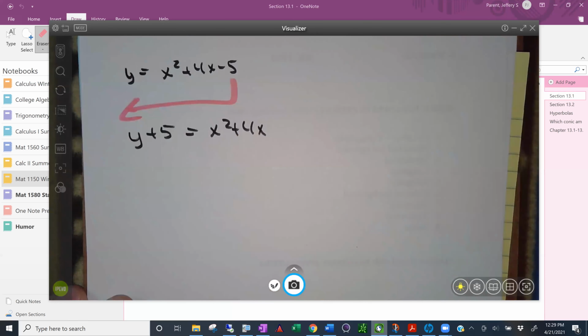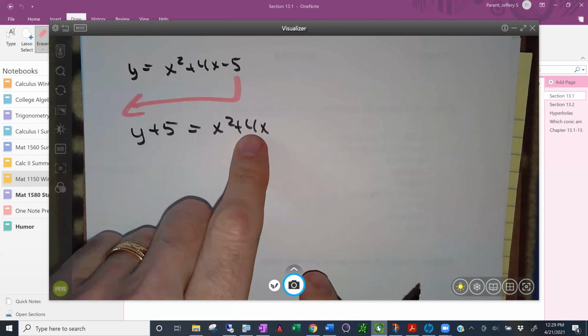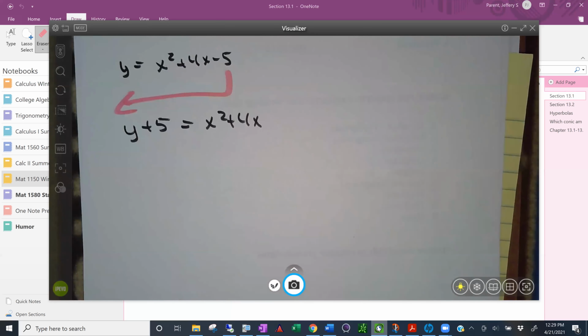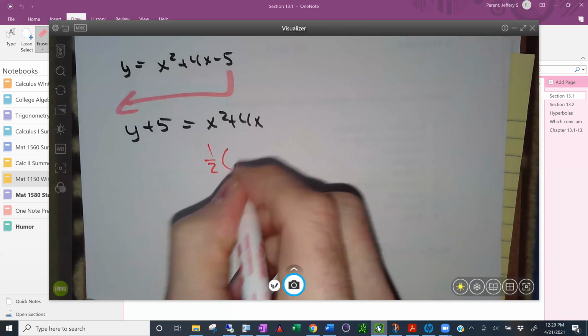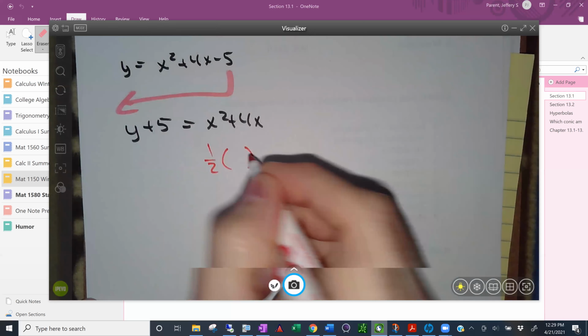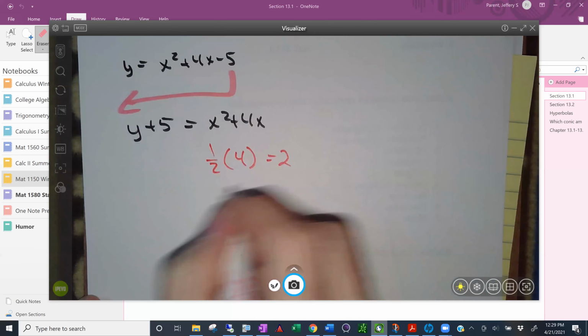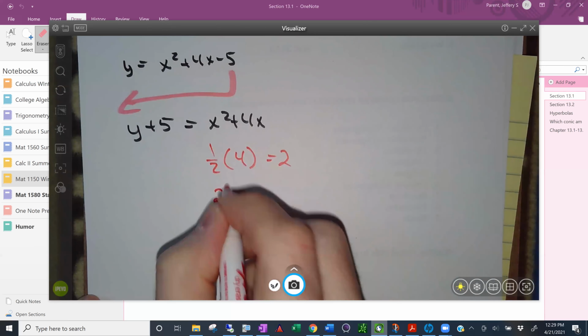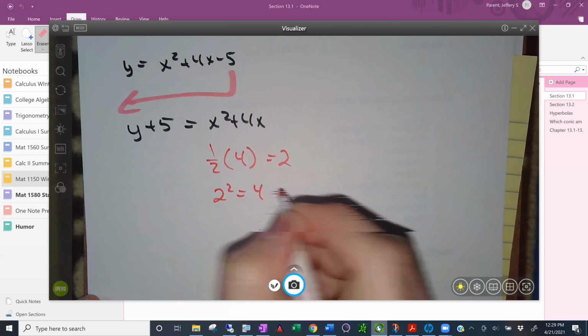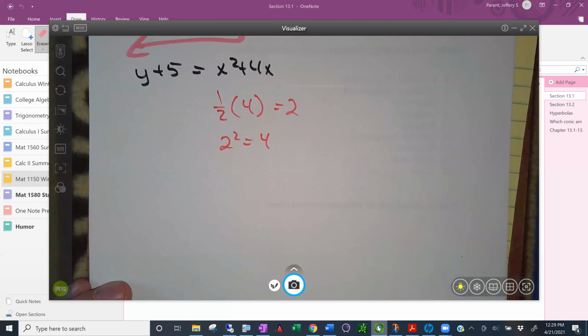And now I want to complete the square on the right-hand side. That's going to be 1/2 of 4, which is 2. And then 2 squared is 4. So that's some little side work here. So 4 is the number that completes the square here.